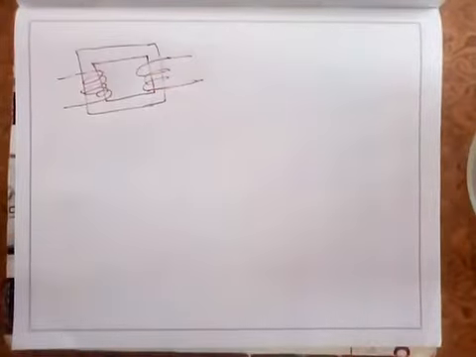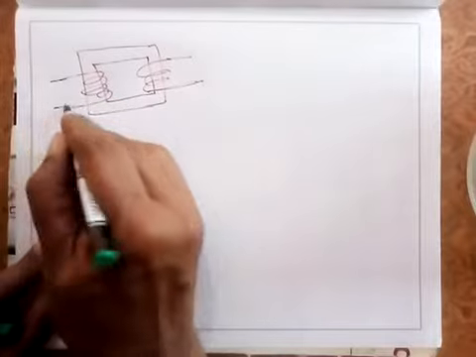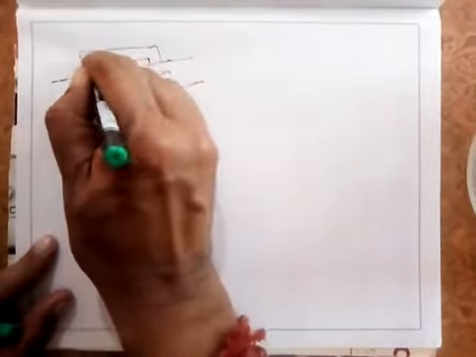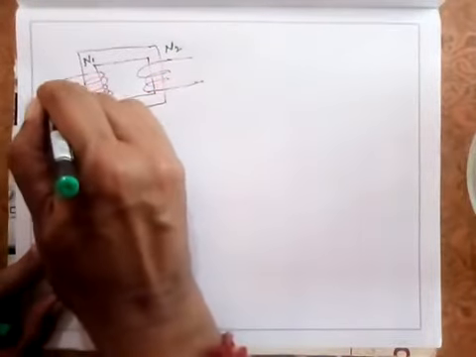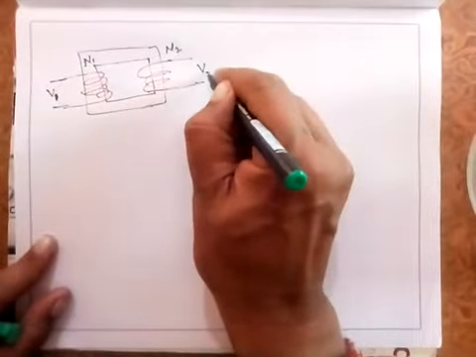These turns of copper wire, this is the input side. Suppose the number of turns on this side is N1 and the number of turns on this side is N2, and the voltage here at input is V1 and this voltage is V2.